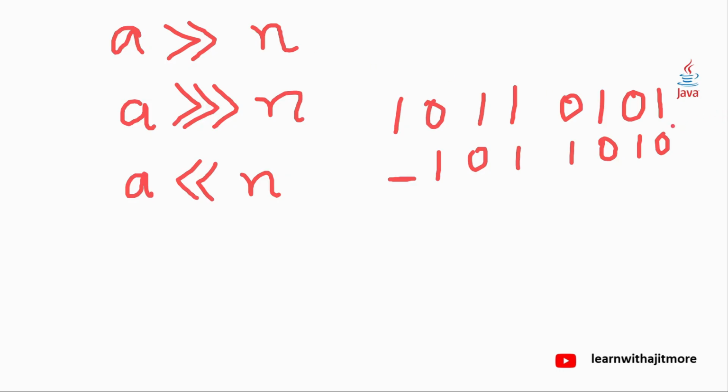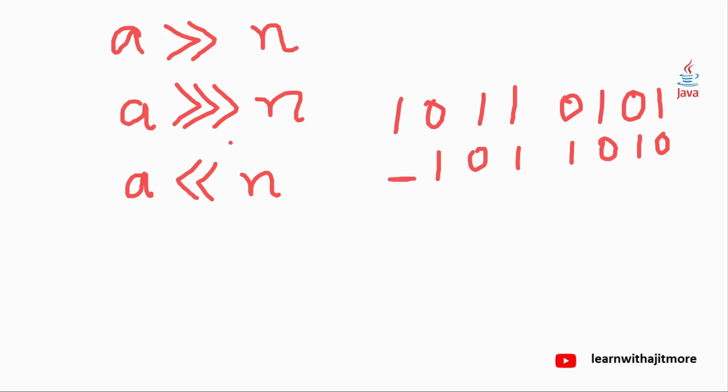I hope you are understanding. The 0th bit goes out, then the 1st bit will come to the 0th bit, the 2nd bit to the 1st bit. But what will come in the MSB? The old sign bit. So if your old sign bit is 1, 1 is preserved, and if it is 0, 0 is preserved. Therefore, this is called sign fill right shift.